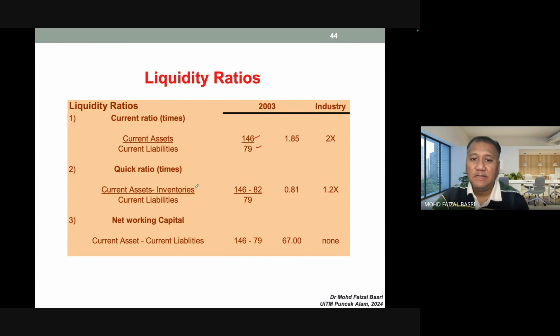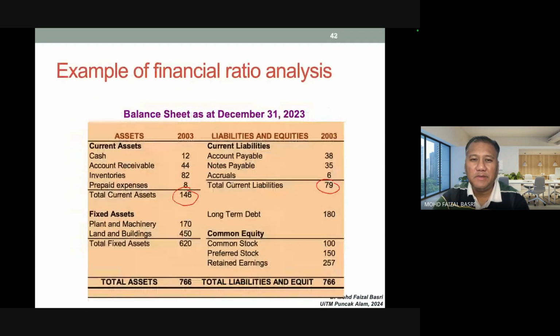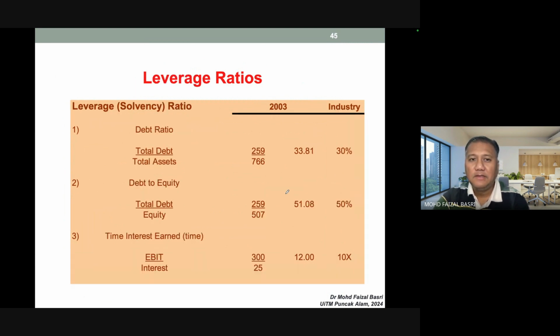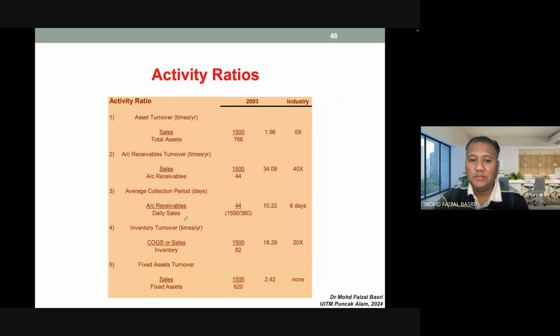Dalam ni dia tolak inventory sepatutnya dia tolak juga dengan prepaid expenses kat sini. Carilah prepaid expenses ke dia tak ada prepaid expenses, ada. So you have to minus with 8 lagi kat belakang ni. So you akan ada slightly different ratio kat sini lah. Okay, so each and every ratios tu ada dia punya cara kira.